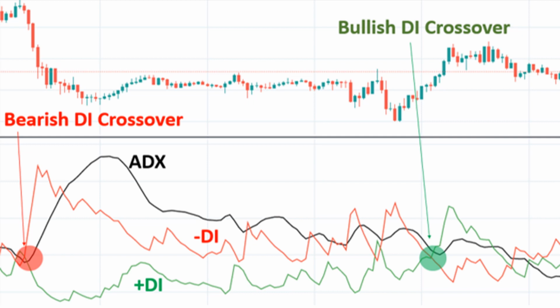And if the plus DI crosses below the minus DI, which you can see here, it would indicate a bearish DI crossover, suggesting you should sell. And then to exit the position, you should wait until there's another crossover.